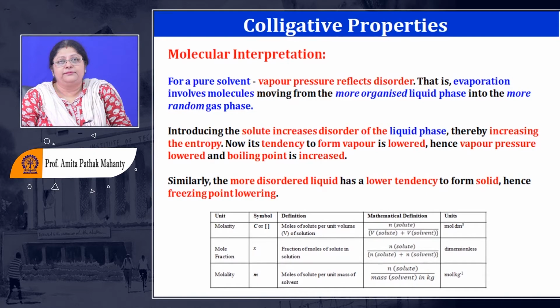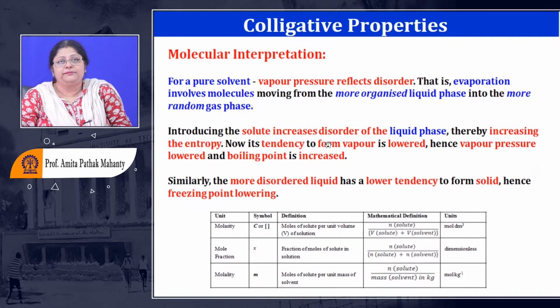So now the tendency to form the vapor is going to be much lower than it used to be in the pure solvent form. In the pure solvent form, we do not have any solute, so the movement from more organized to less organized, with entropy increasing, is in the direction from the liquid to the gaseous phase. This is what we have seen for the pure solvent.